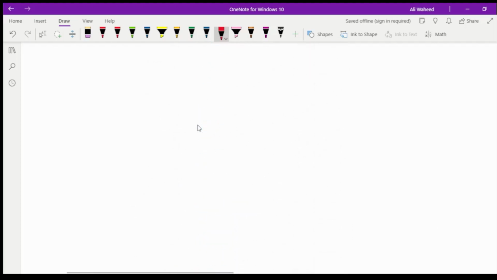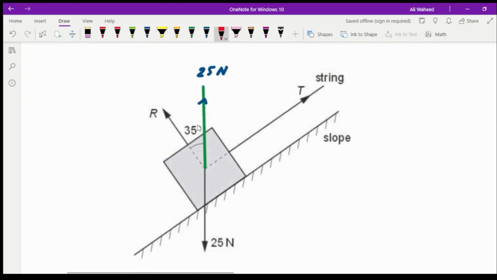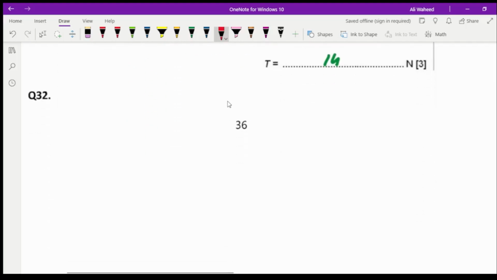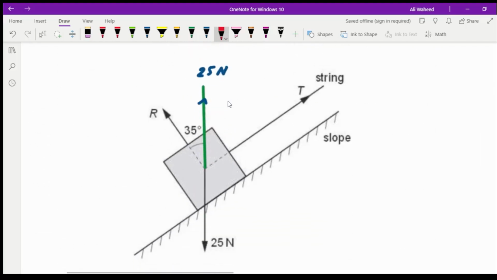Alright, you need to establish a scale first and then you proceed. So for example, from this diagram, either by scale drawing on figure 1.1, what you can do is measure how long this vector is. 25 Newton.